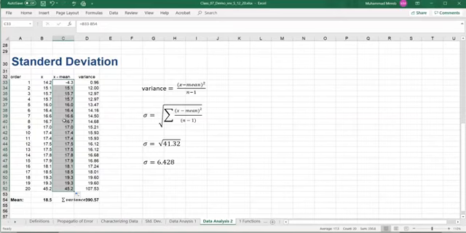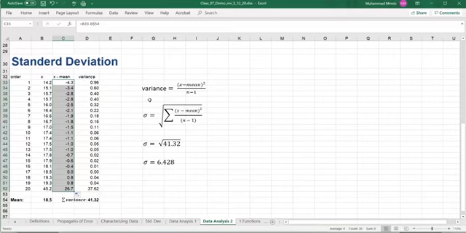That's not correct, because we did not change the mean to absolute reference. So you have to change that to absolute reference, or at least mixed reference, by making the row number fixed. And now we can drag again, and that should fix the results.